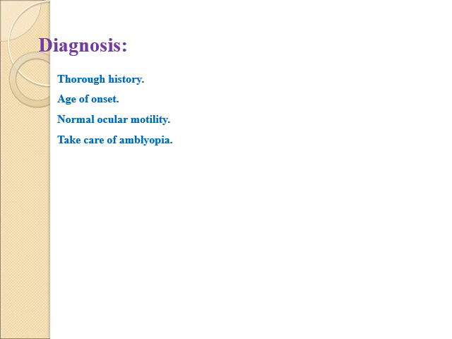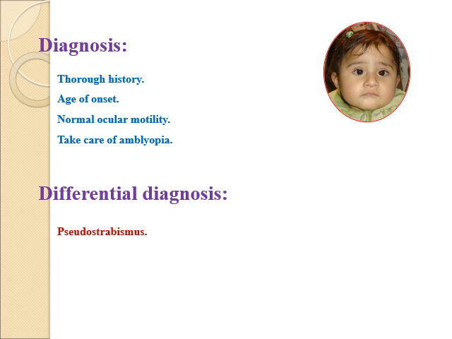What are the important clinical points during examining a case of squint? What is the differential diagnosis? First is pseudostrabismus. What is pseudostrabismus? Pseudostrabismus is apparent squint.